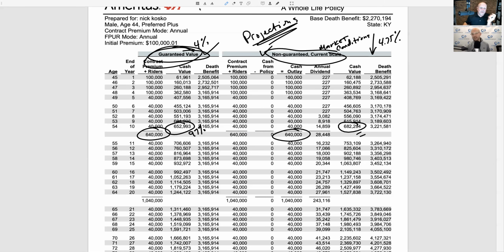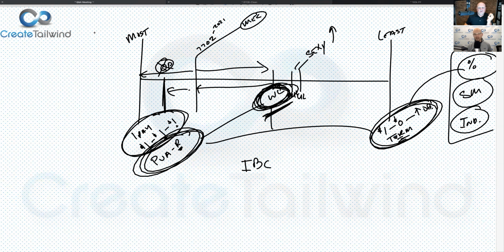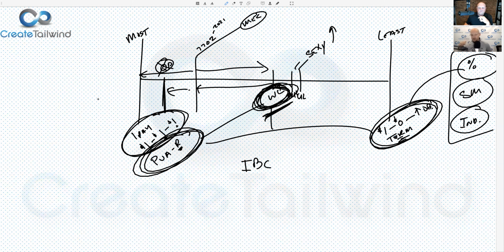Be an educated buyer, be an educated person when you're trying to decipher what's out there. There's a lot of illustrations out there showing a lot of dividend. Just realize there's more than meets the eye with that. And that's why we're talking about the guarantees, and we're building a banking system.